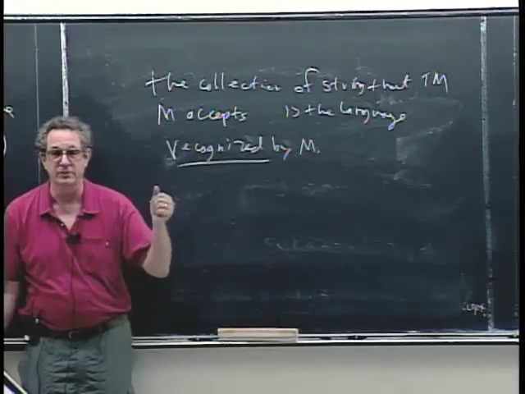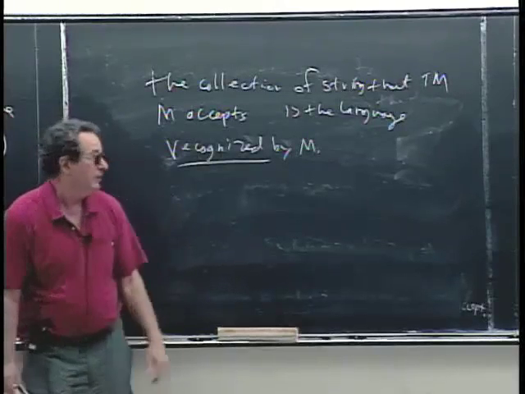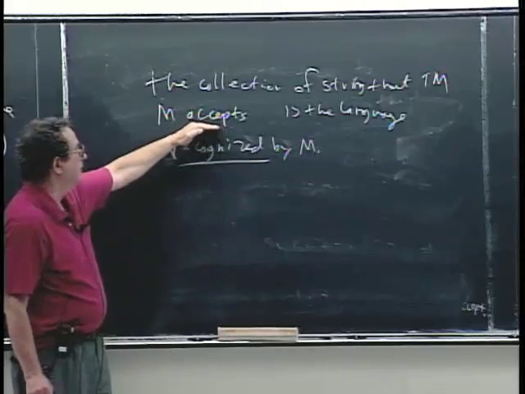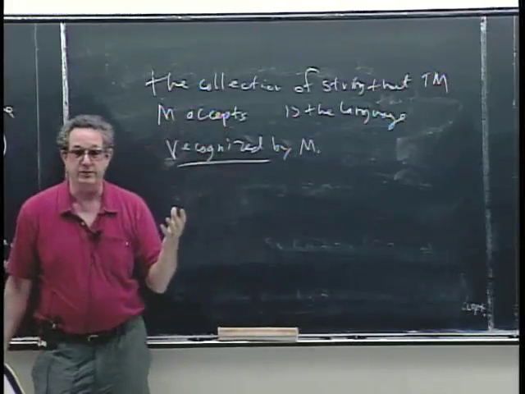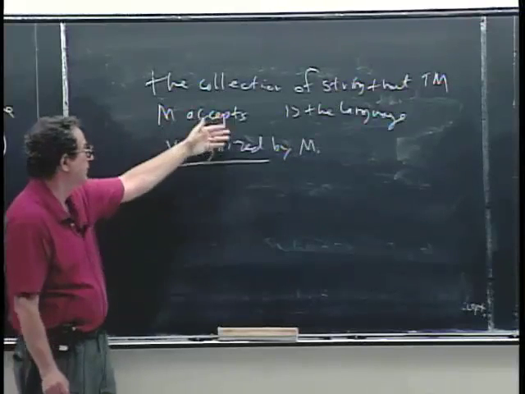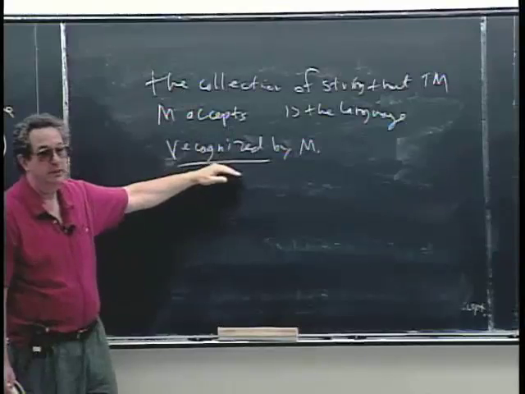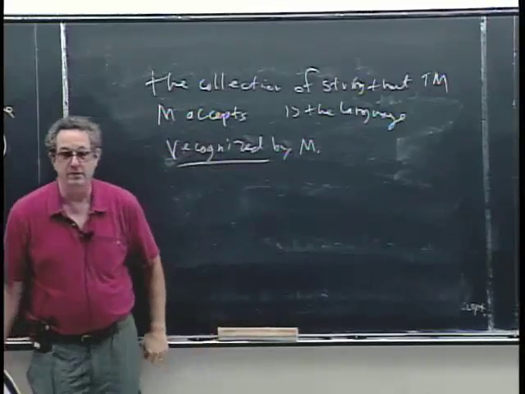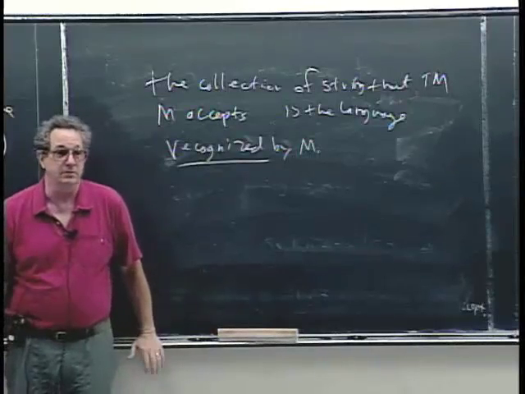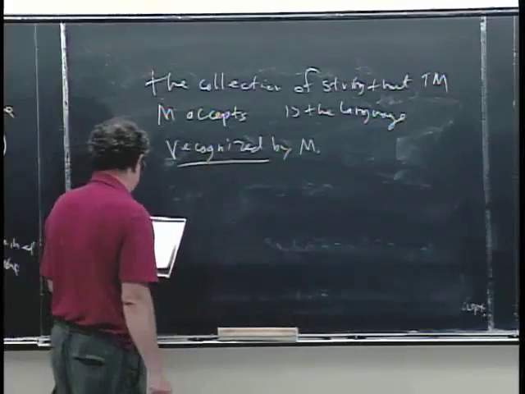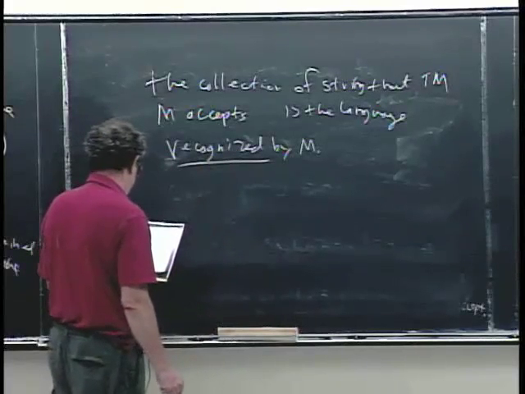It just goes forever. But the collection of strings that M accepts forms a language. It's a set of strings. A language, as we defined early on, is just a set of strings. That's a set of strings recognized by M, even if M has this property that on some input it just goes forever. That's still defined.